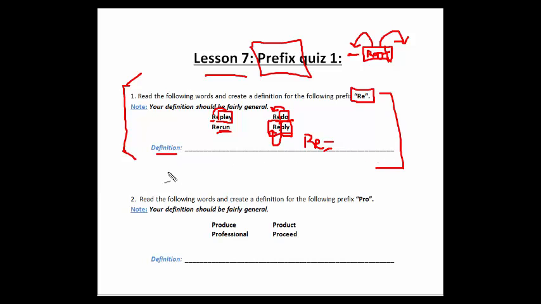What we're going to do now, I'm going to have you stop the video, and we're going to do problems 2 and 3. Take a look and do the exact same thing. Look at all the words and formulate some kind of a general, fluffy definition for what the prefix is going to do. The prefix is going to be the first part of the word. Go ahead, pause the video here. We'll come back and take a look at problems 2 and 3.